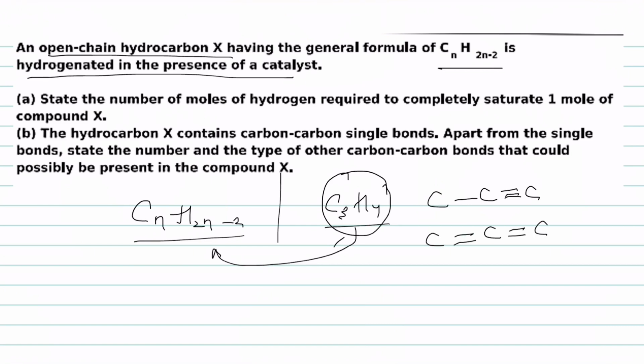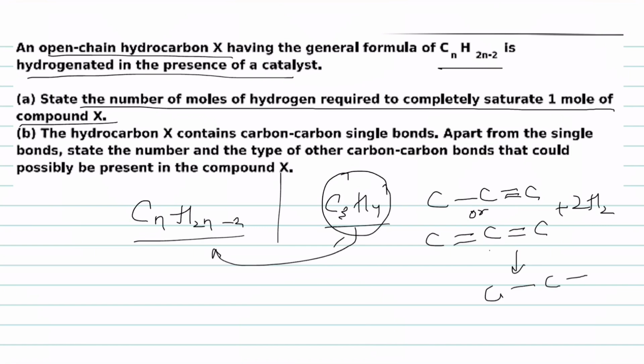So this formula can have a triple bond or two double bonds. State the number of moles of hydrogen required to completely saturate 1 mole of compound X. As we saw in that question also, it would require 2 moles of hydrogen to completely saturate. This or this would require 2 moles of hydrogen to form an alkane.